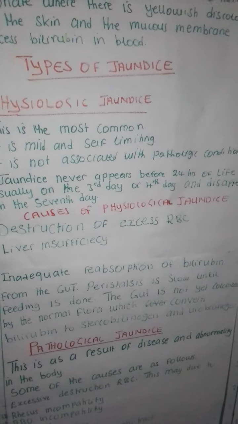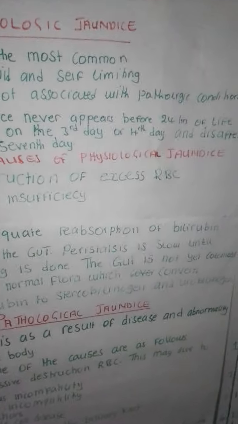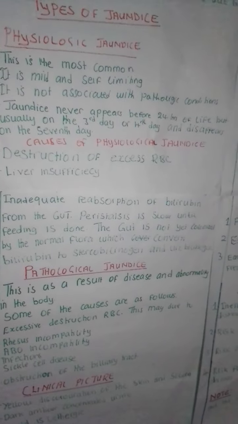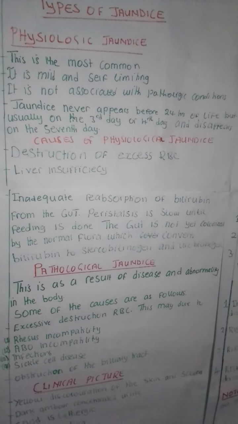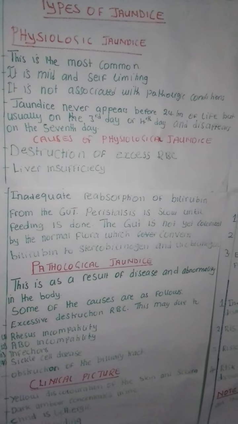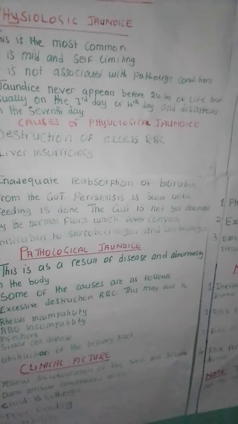So what may lead to physiological jaundice? There will be excess destruction of red blood cells. Sometimes it could be due to liver insufficiency, as the liver is not yet matured.